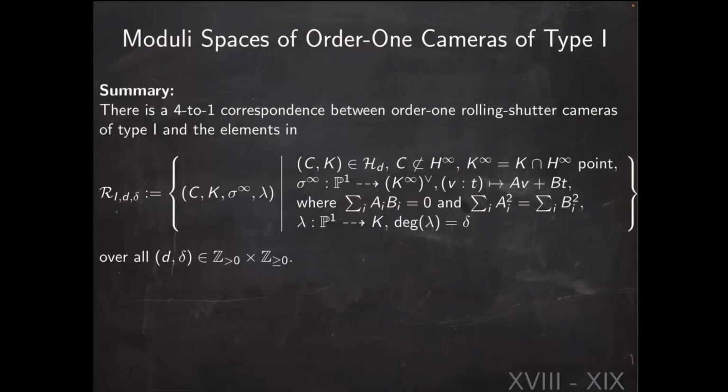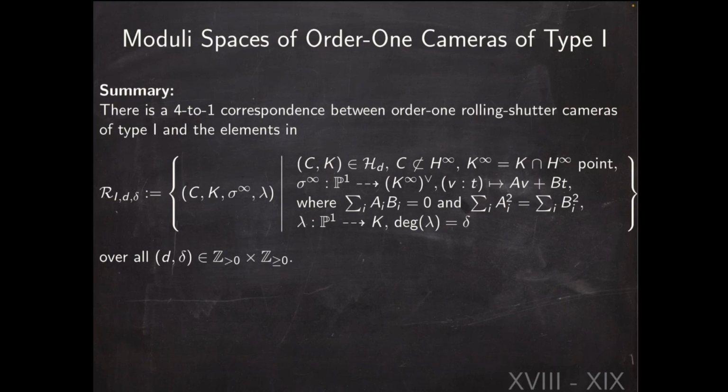Okay. And so such a camera, up to this 4-to-1 correspondence, is given by this curve C of degree D that's not at infinity, that has a D minus 1 secant K, which is also not at infinity. And then we have this rolling planes map that has to be of this very specific form.